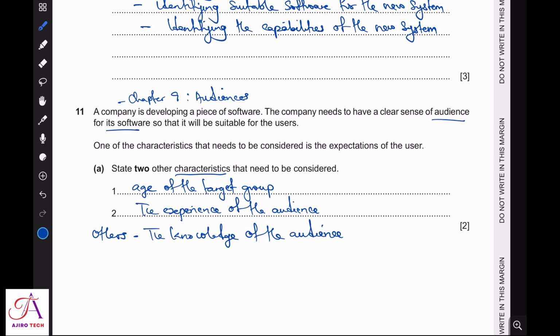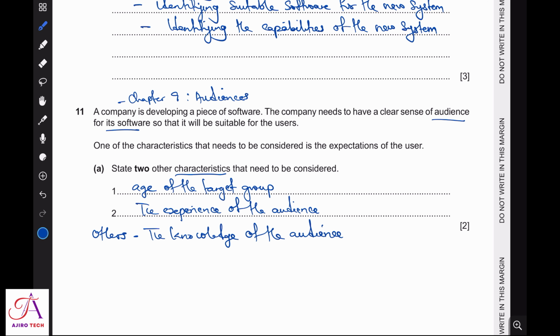So it's very important. That's for the age of the target group. The experience, however, is that you are expecting a different approach compared to an audience composed of teenage school children, right? So if it's a board of company directors, it's going to be different, okay? It's going to be different.